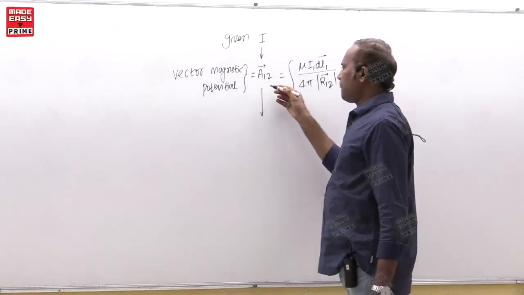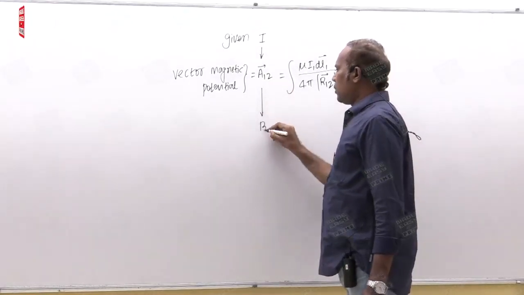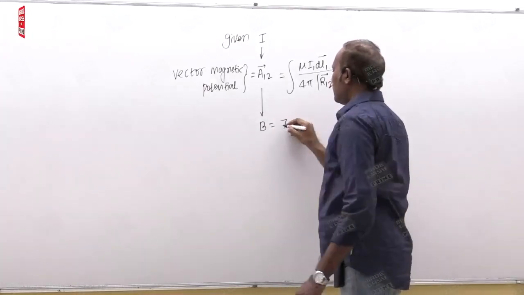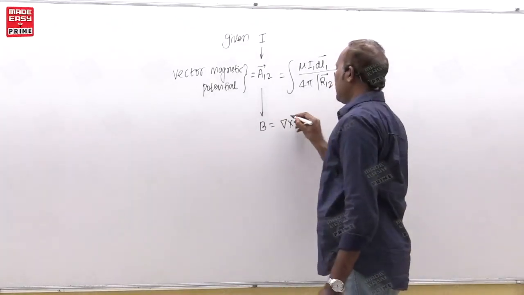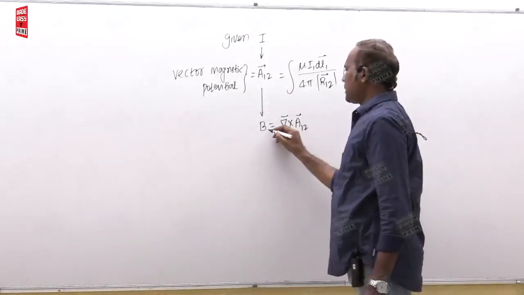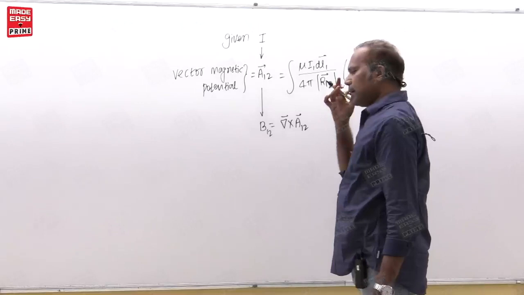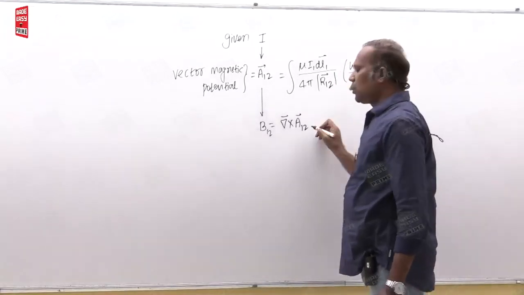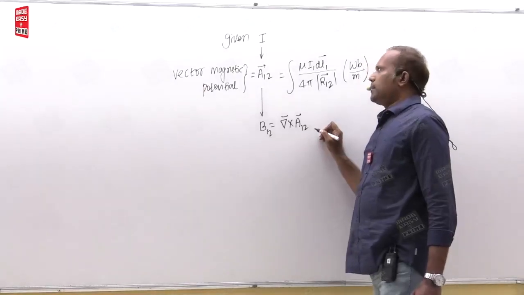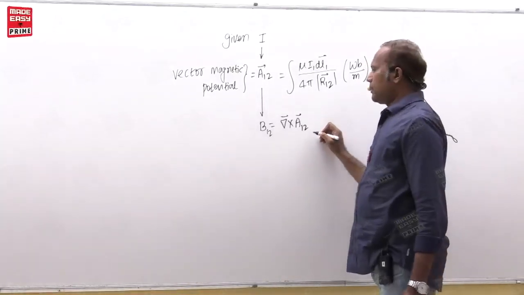Once this is calculated, then you know B bar is equal to del cross A bar, in terms of vector magnetic potential. That means A12 bar is the vector magnetic potential at point 2 location due to the I1 current conductor present at point 1 location.